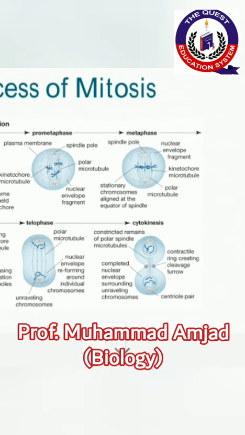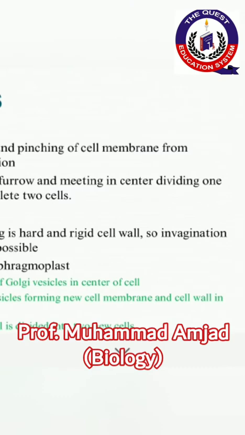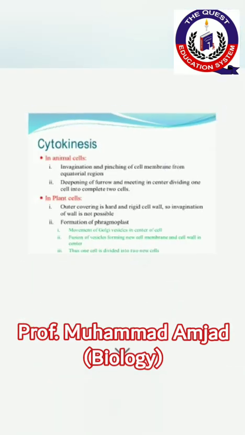The next stage is cytokinesis. Cytokinesis is the division of the cytoplasm. In an animal cell, cytokinesis takes place by the invagination of the cell membrane from the equatorial region at which the chromosomes were arranged in the metaphase stage.